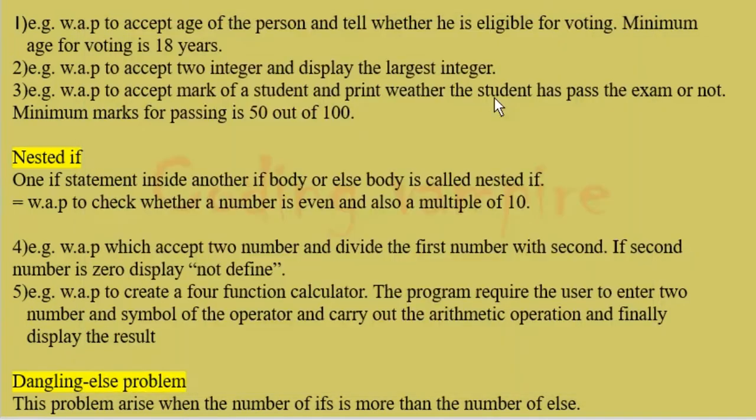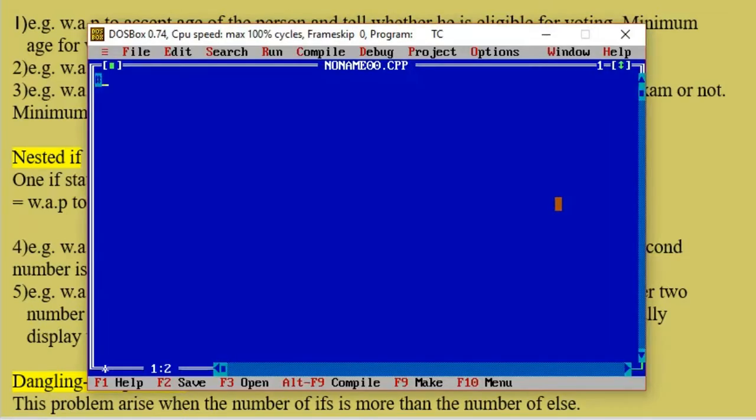Now we'll do the next problem. Write a program to accept two integers and display the largest integer. We will include two header files, iostream.h and conio.h, then write void main.